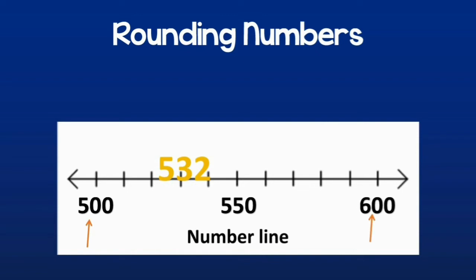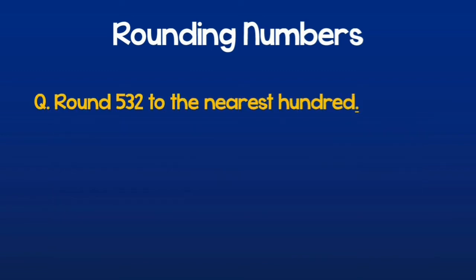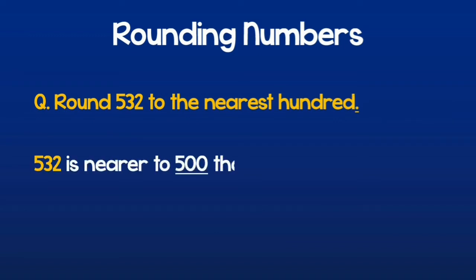So if I want to round to the nearest 100, 532 should round to 500. Round 532 to the nearest 100. So my answer is going to be 532 is nearer to 500 than 600, so my answer should be 500.